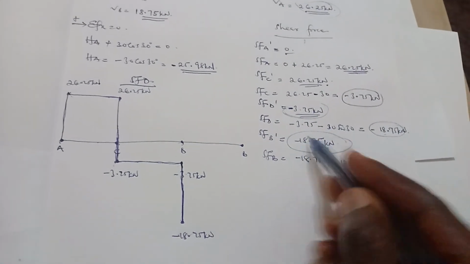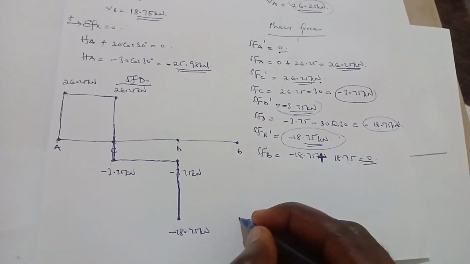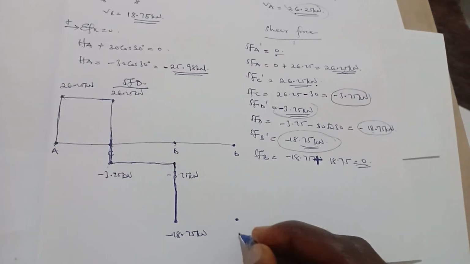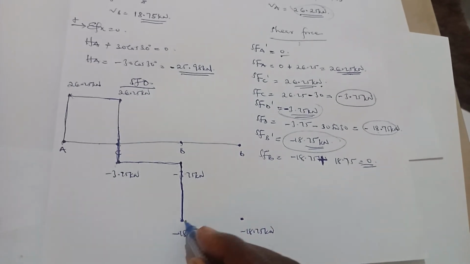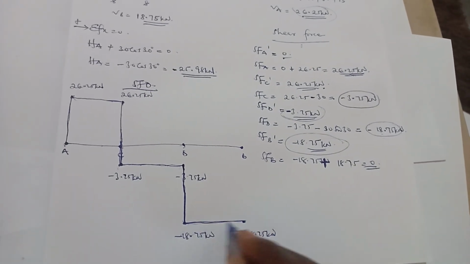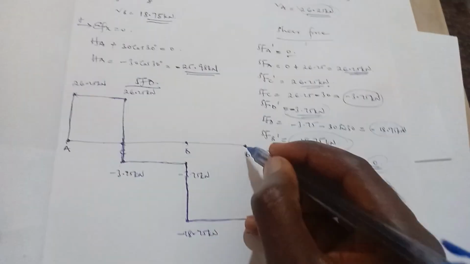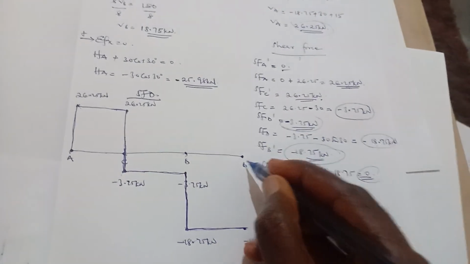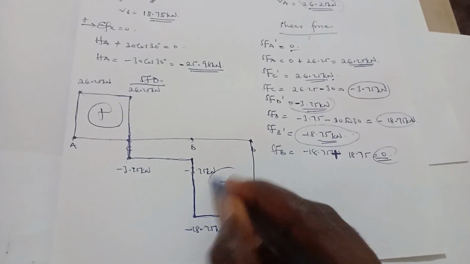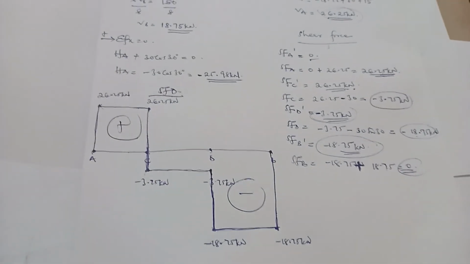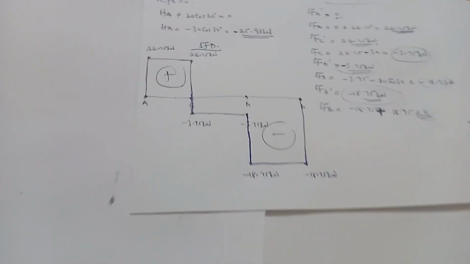Shear force at B prime, negative 18.75 and negative 18.75 kilonewton. Shear force at B, finally you get back to zero. So there's the shear force diagram. This side is positive, the whole of this side is negative. So that's the shear force diagram.